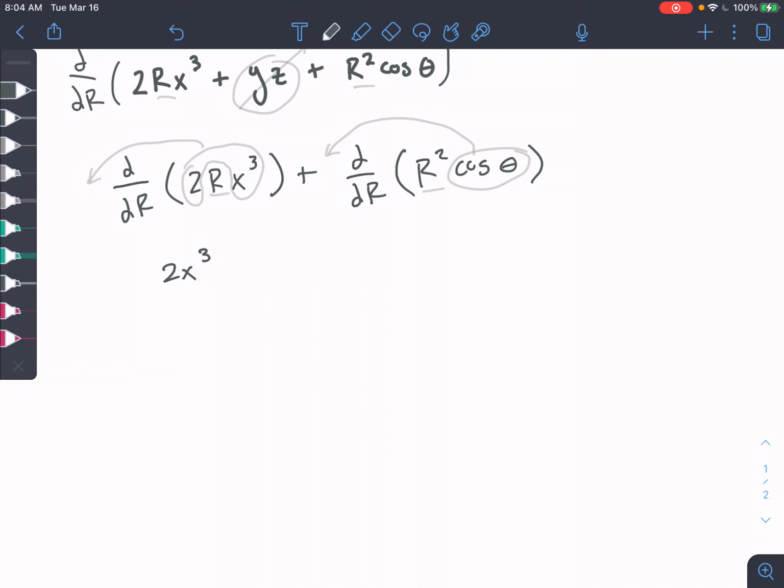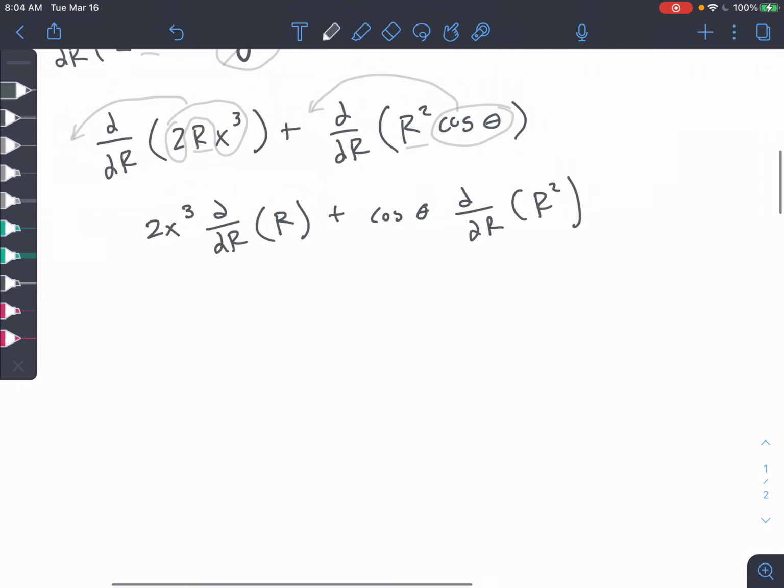2x to the third times the partial with respect to r of r, plus the partial with respect to r of r squared. And we're pulling that cosine out, so partial with respect to r of r squared. Okay, so we took out some pieces, maybe to make it a little less confusing for some people.